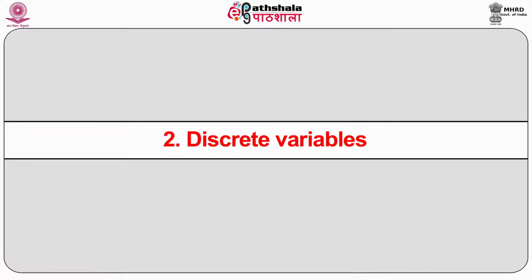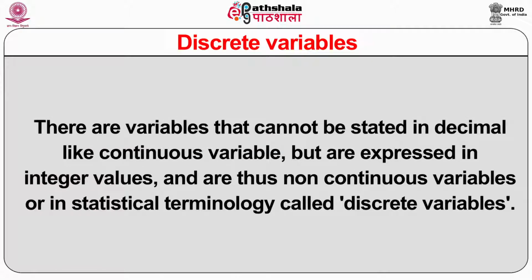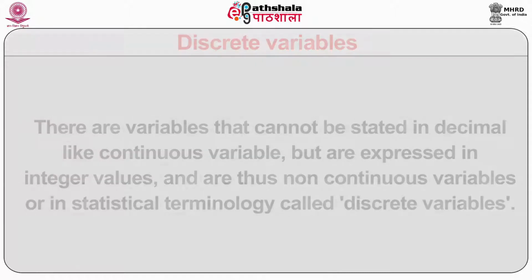Second, discrete variables. These are variables that cannot be stated in decimals like continuous variables but are expressed in integer values and are thus non-continuous variables, or in statistical terminology called discrete variables. Number of kids cannot be expressed in decimals and thus becomes an example of a non-continuous variable.